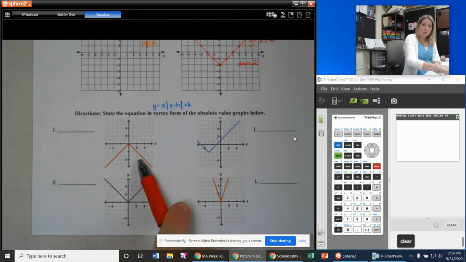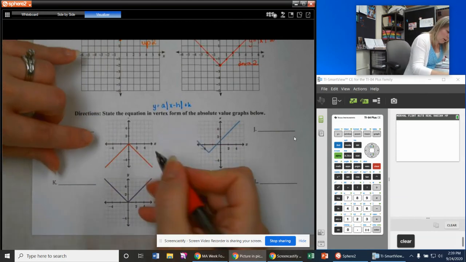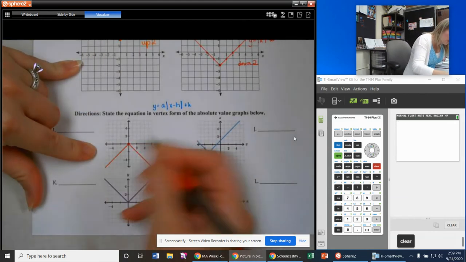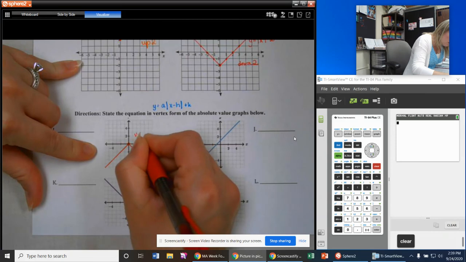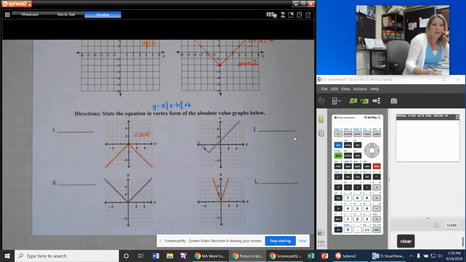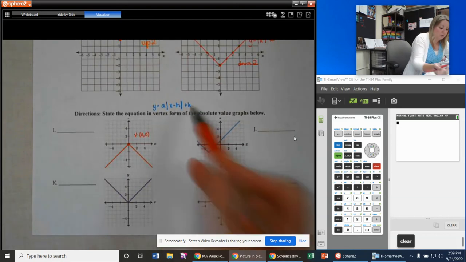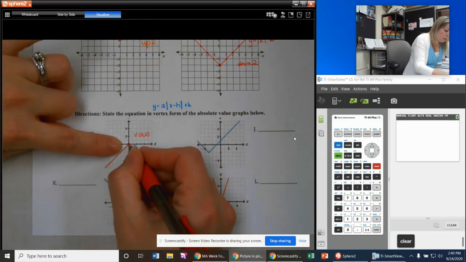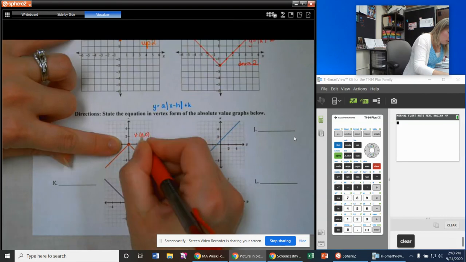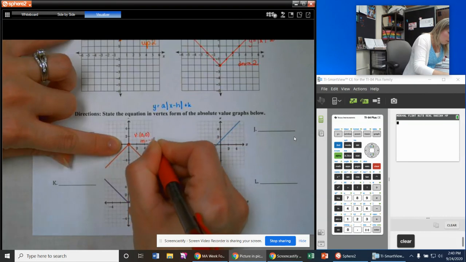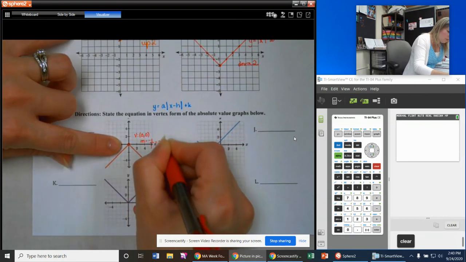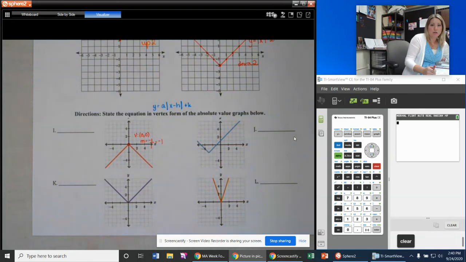All right, this guy's red, we'll write in red. So here is clearly the vertex. So the vertex is 0, 0. So that's going to be very easy to plug in for those two pieces. They're both 0. But the slope is down 1, right 1. See that? So the slope is a -1/1, which means in front of my absolute value bars, I'm going to put a -1.